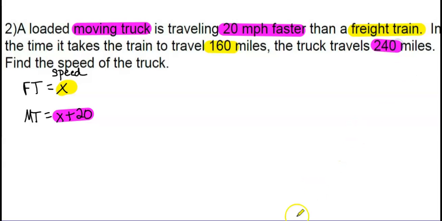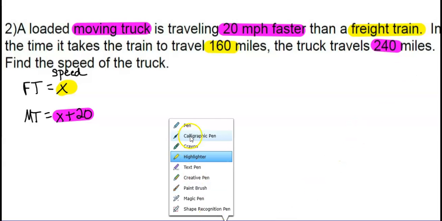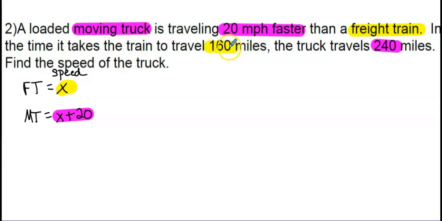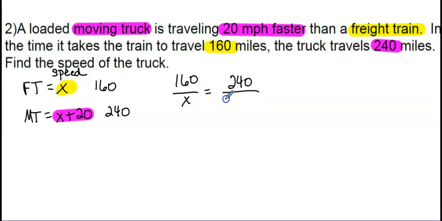It traveled 240 miles. So 160 would go here, 240 would go here. I'm going to put 160 over X and 240 over X plus 20. And then I'll solve using cross products.